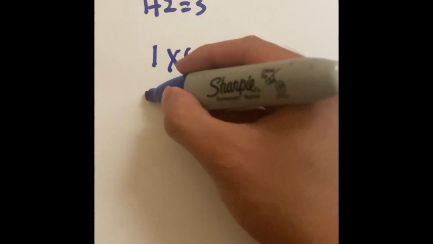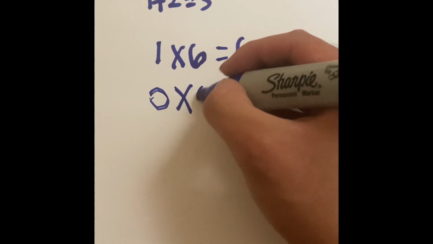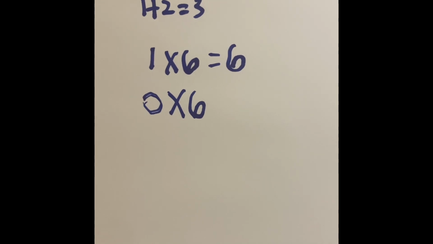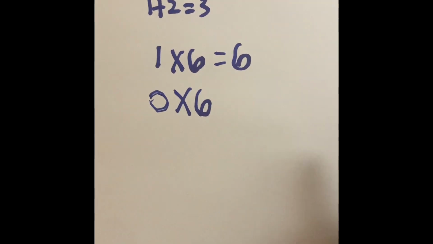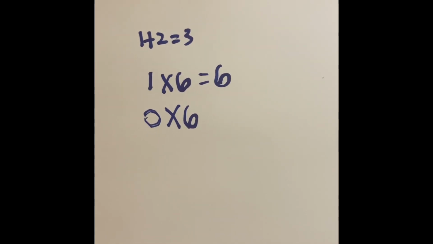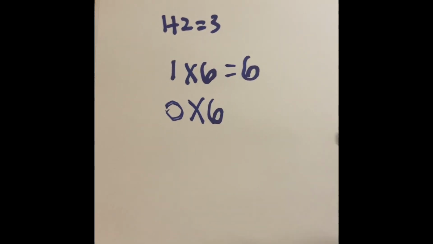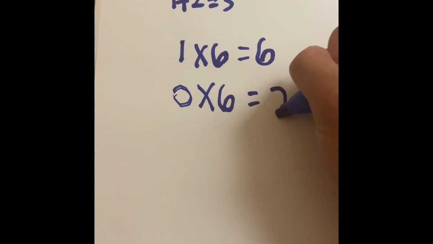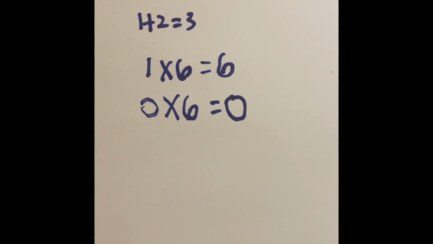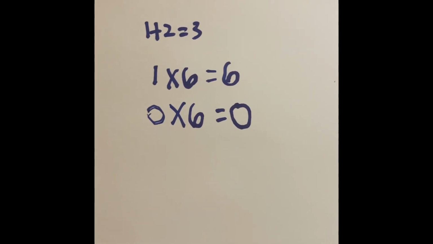But what happens if you do 0 times 6? Many people say it's 6, because if I'm multiplying a number by 0, I still get that number. That's false. It's 0. Every time you multiply by 0, it's going to be 0, because when you multiply nothing, nothing happens.